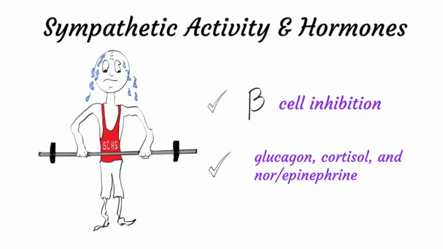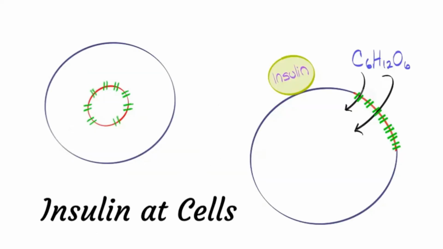But the key here is that contracting skeletal muscle fibers will induce the exocytosis of GLUT4 channels in the cell membrane of skeletal muscle. That is to say, if we look back at this image right here, it embeds these GLUT4 channels in the cell membrane, or plasma membrane, of skeletal muscle fibers.